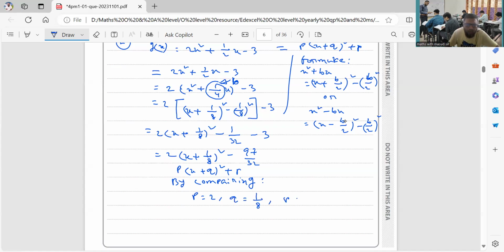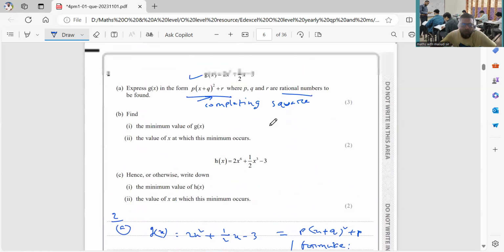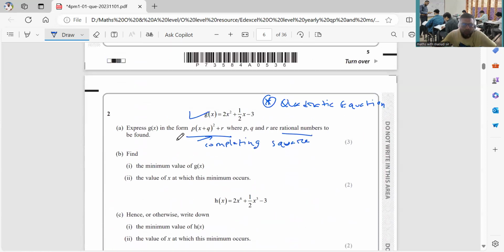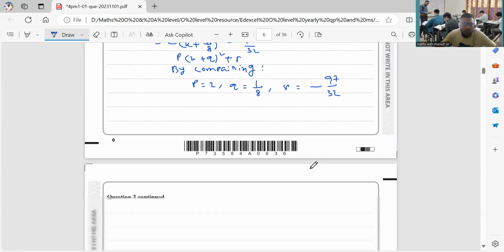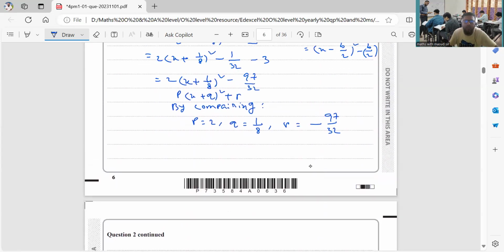And finally, r equals minus 97 divided by 32. If you see the question, it asks you to find p, q, r, and p, q, r must be rational numbers. So we have got all numbers rational. Look, p equals 2 is an integer. This is a fraction. This is a fraction. So this is all about rational numbers. So this is the answer we have.